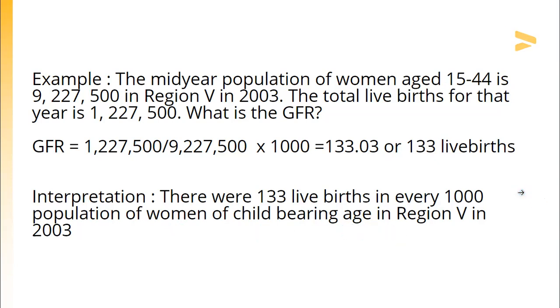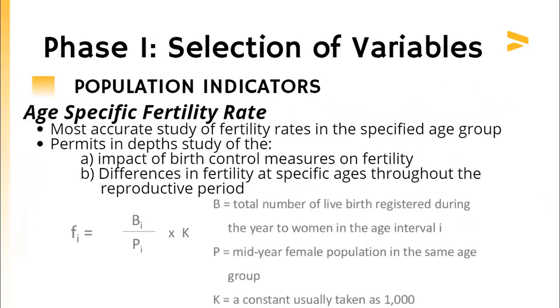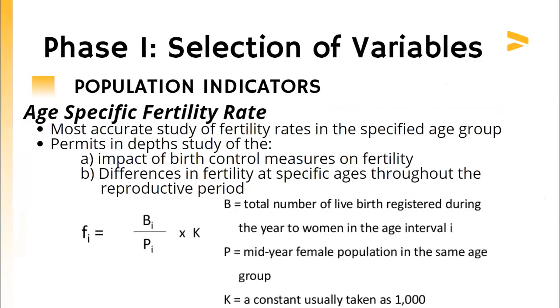And then we have age-specific fertility rate. So this is an accurate study of fertility rate in a particular specific age group. And this permits in-depth study of the impact of birth control measures on fertility, the differences in fertility at specific ages throughout the reproductive period. So this is how you calculate the age-specific fertility rate.